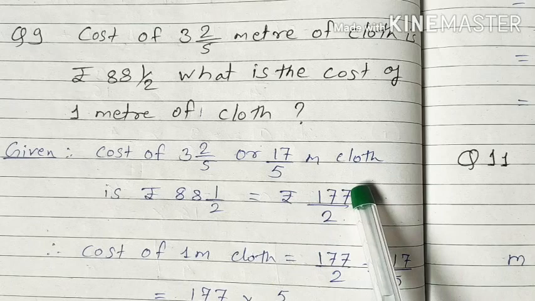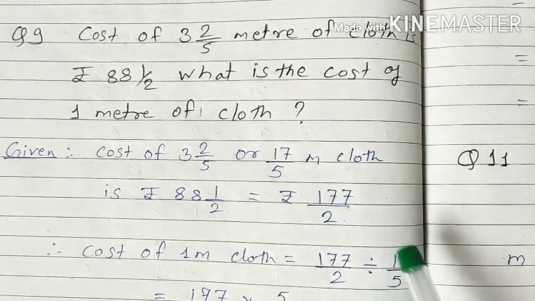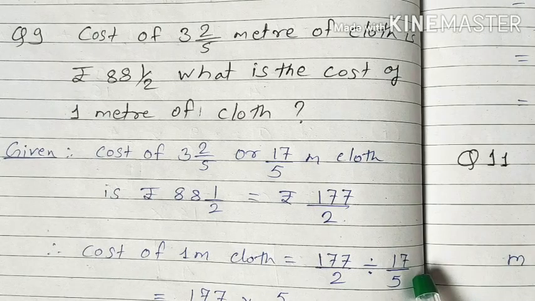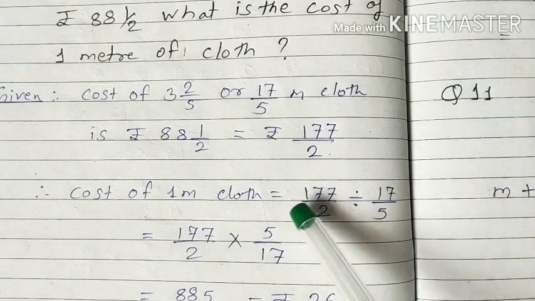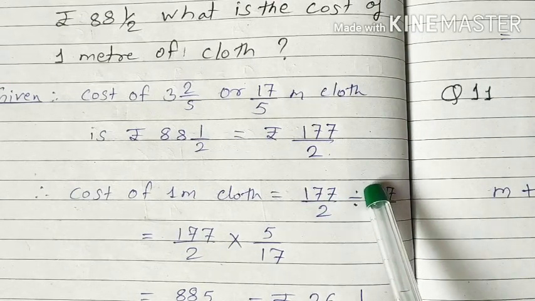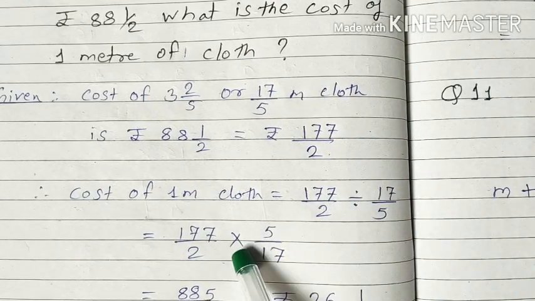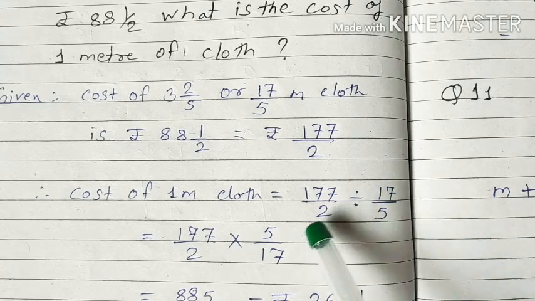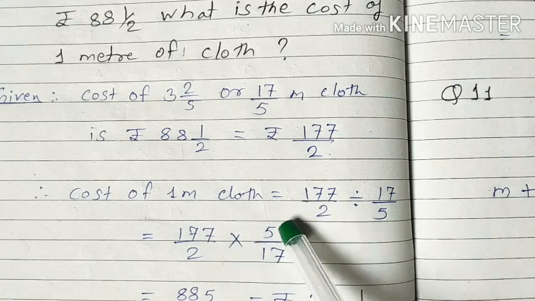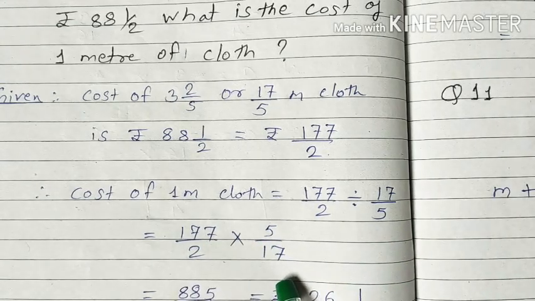Again, to find out the cost of 1 meter, what should we do? This 177/2 is divided by 17/5. So what will be the steps? Division can be written as multiplication, and make a reciprocal of 17/5. The reciprocal of 17/5 is 5/17.